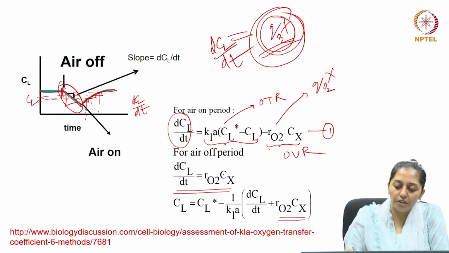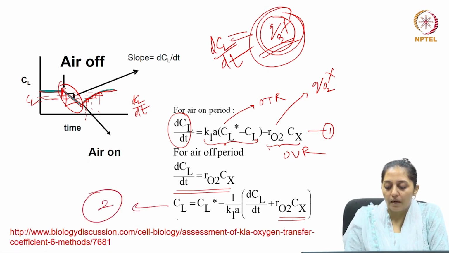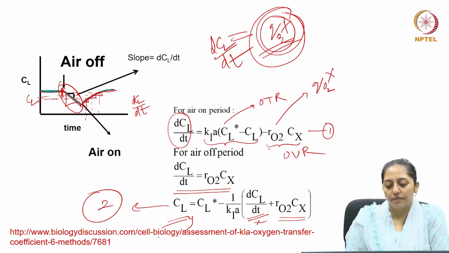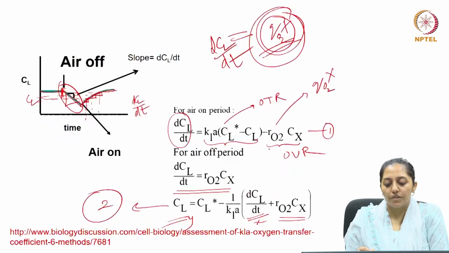And if you do the rearrangement of equation 1, we will reach equation 2, and CL is unknown, all the rest of the factors can be obtained. So, dCL by dt is x here and CL is y. So, it is again a linear function, and the rearrangement gives us the slope which is the inverse of KLa.